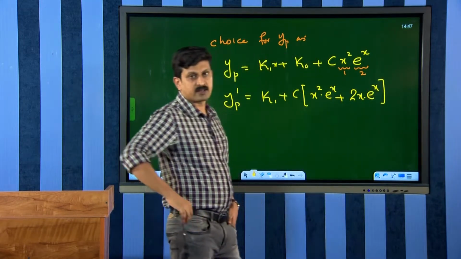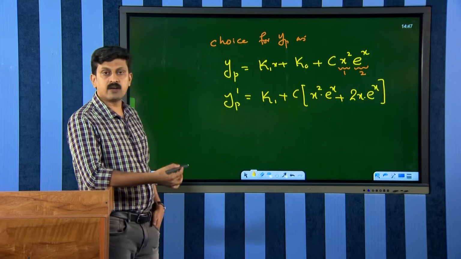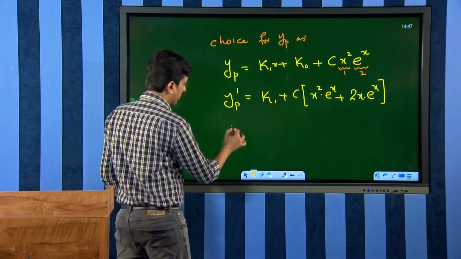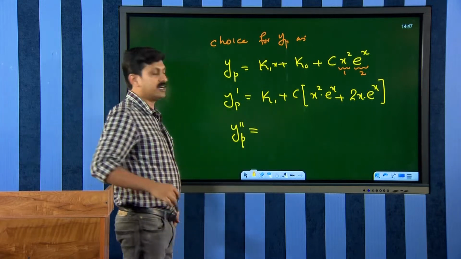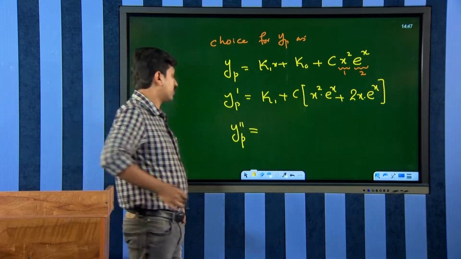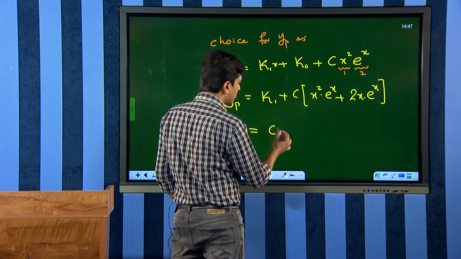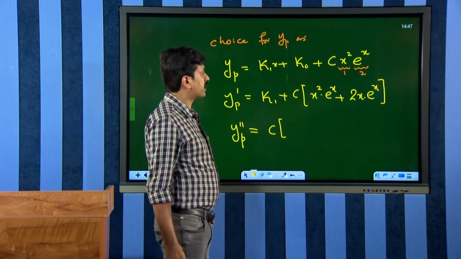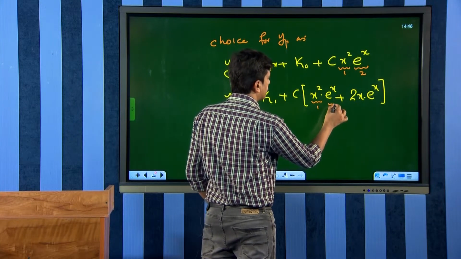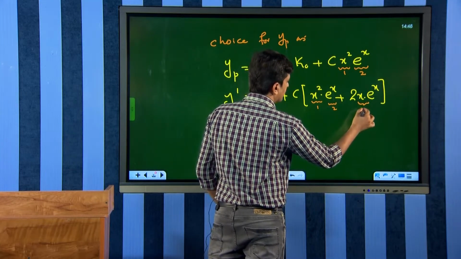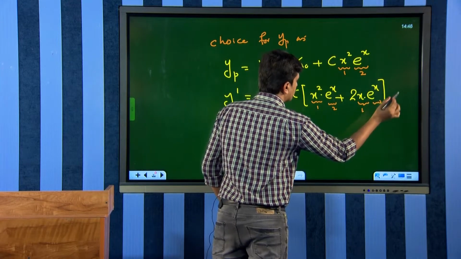Okay, fine. Now again we can differentiate one more time to find yp double dash. So yp double dash is the derivative of k1, which is 0, and c into the bracket, where we treat x square as the first function and e raised to x as the second function, 2x is the first function and e raised to x is the second function.